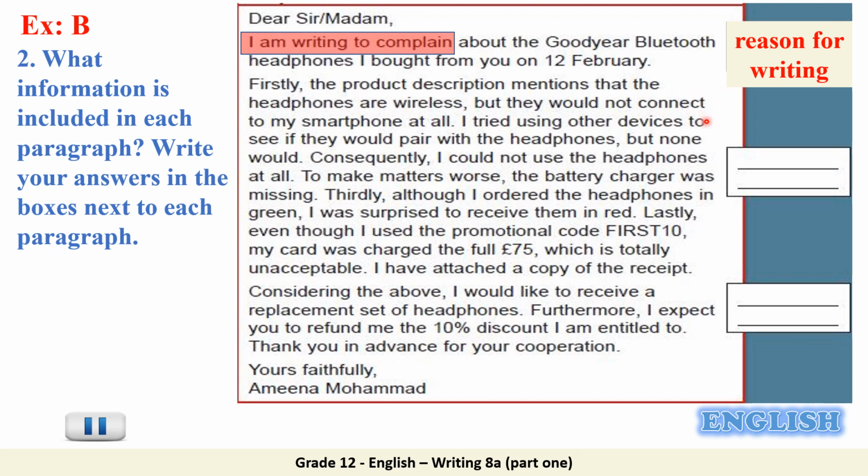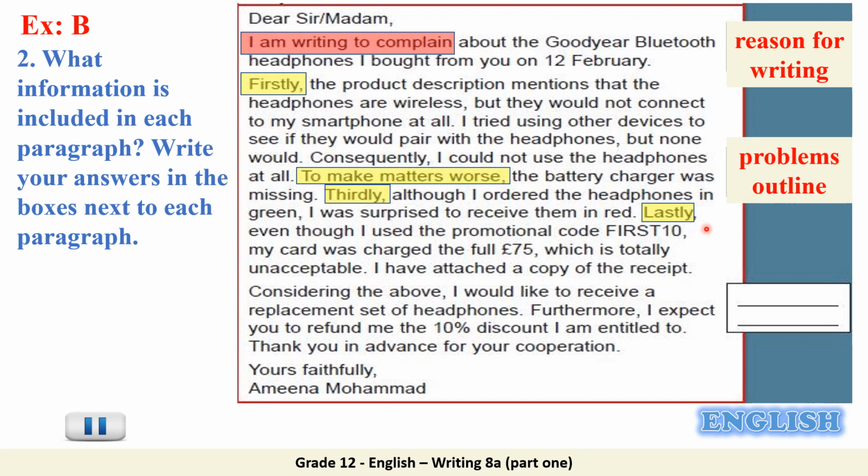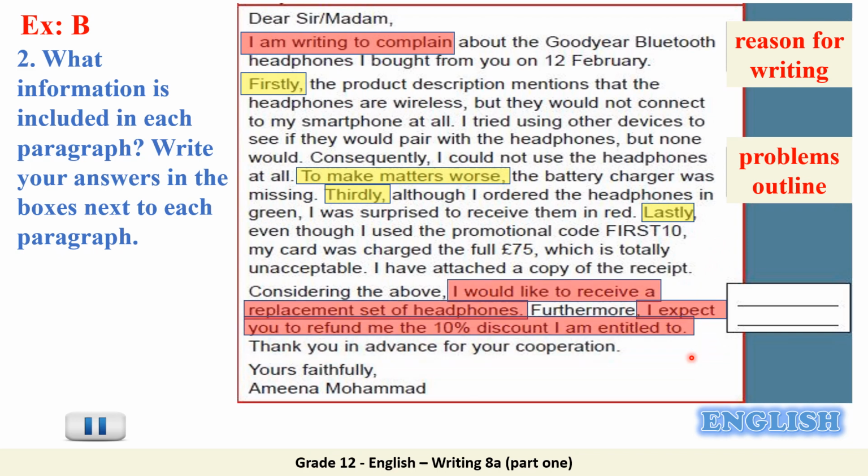Moving on to the second paragraph, we have firstly, to make matters worse, thirdly, lastly. What do you think we have in this paragraph? Wonderful. We have the problems outlined, so we have details about the complaint. And finally, for the third paragraph, we have I would like to receive a replacement set of headphones.